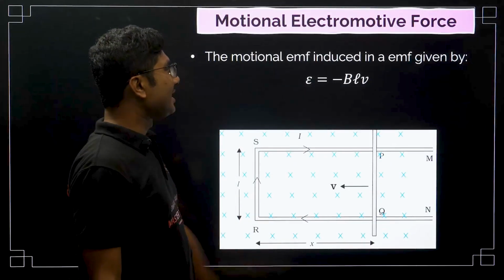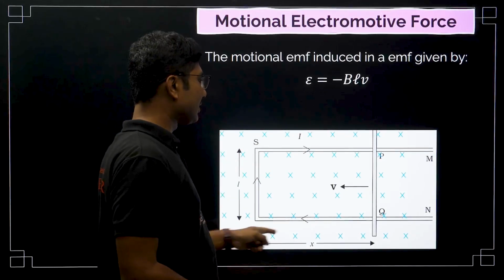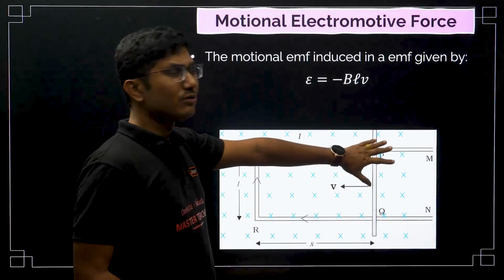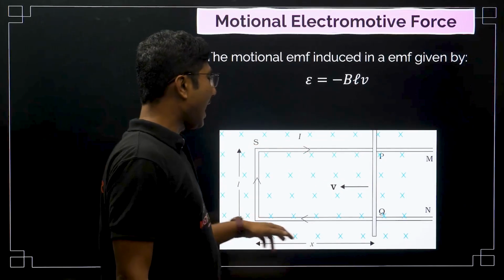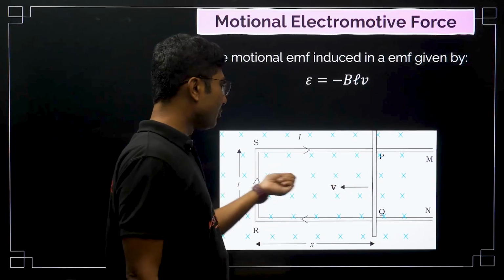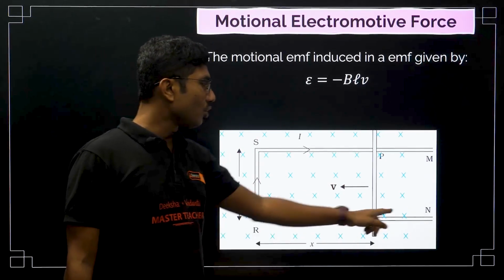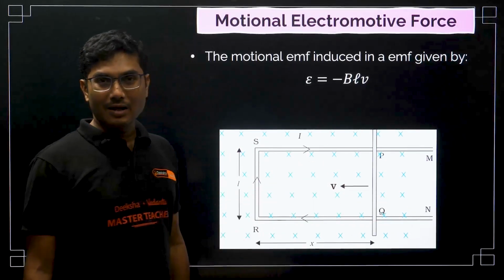Now, motional EMF induced in a coil. Suppose we have a rectangular railway, and this is your train that you are trying to push along the railway. The railway lines are closed, and there is some magnetic field here.